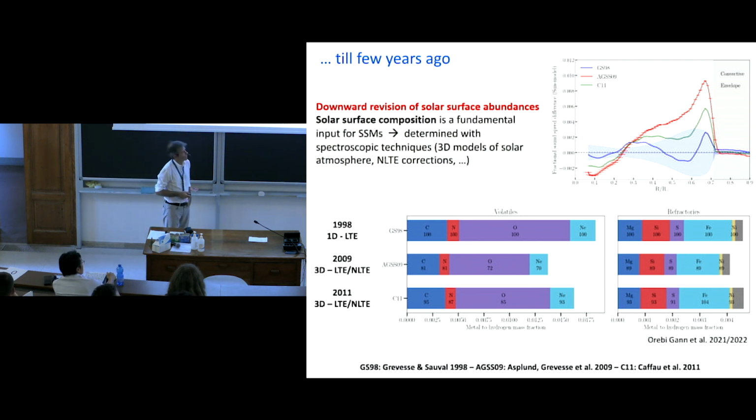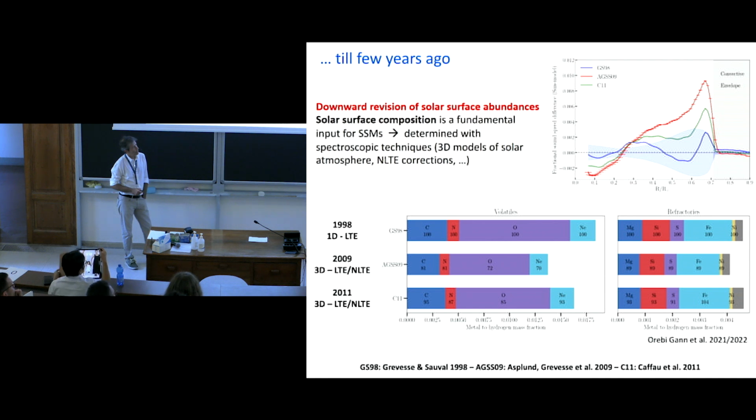You see that there is a systematic reduction of the abundance of all the elements, and this reduction can be as large as 30% for important elements in solar model construction, like oxygen, neon, etc.